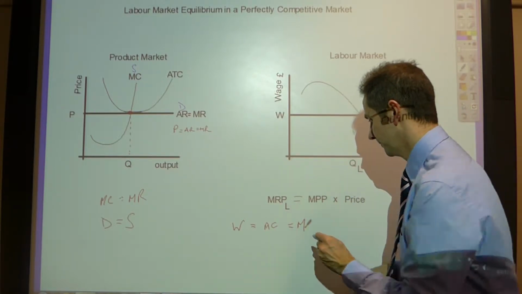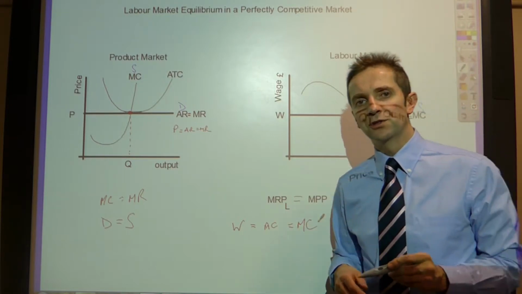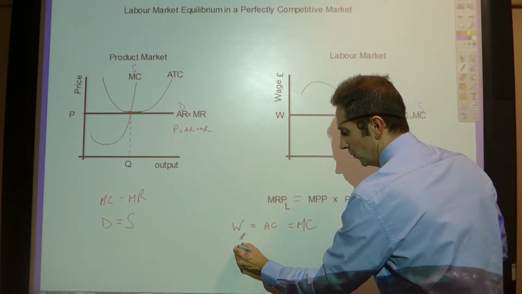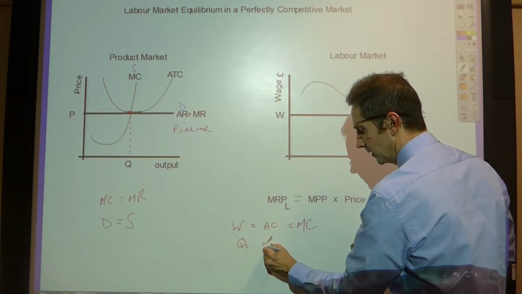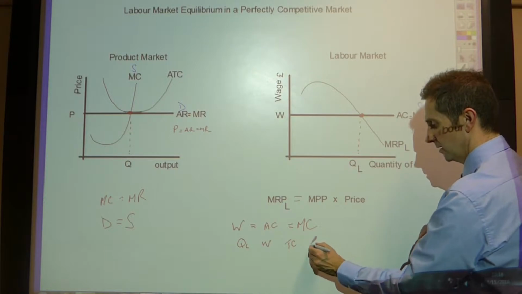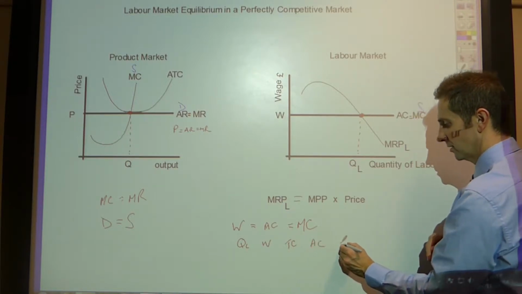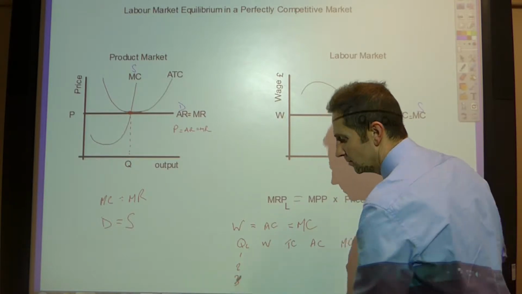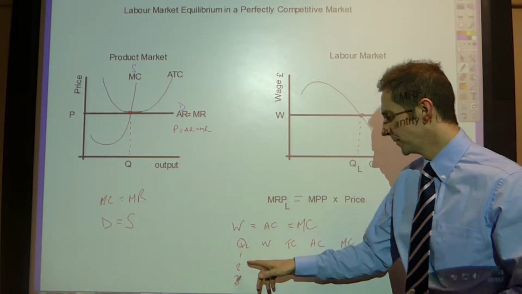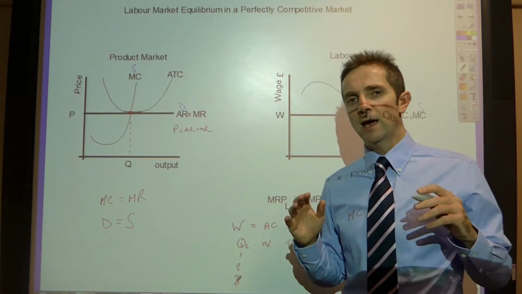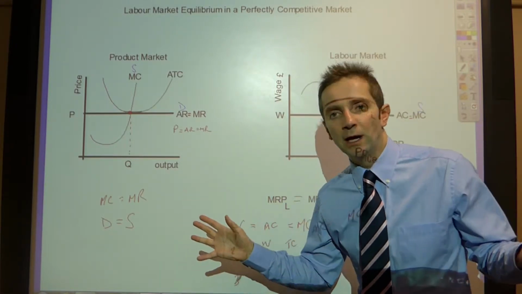And for that, I would simply recommend a little table as follows, with quantity of labour, the wage rate, the total cost, the average cost, and the marginal cost. Now you don't need to go into this in enormous detail, but we are saying in a perfectly competitive labour market we can pay all the workers the same wage.